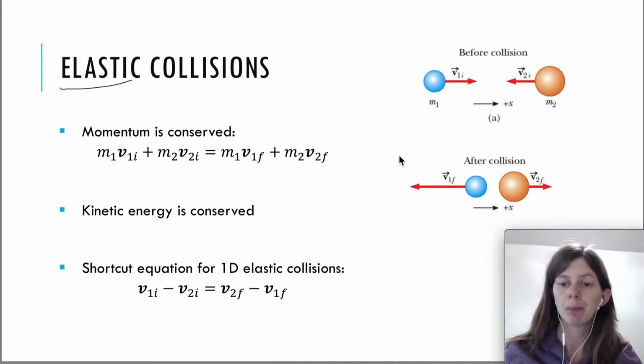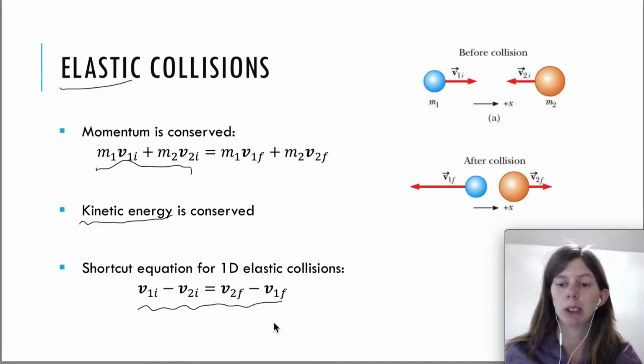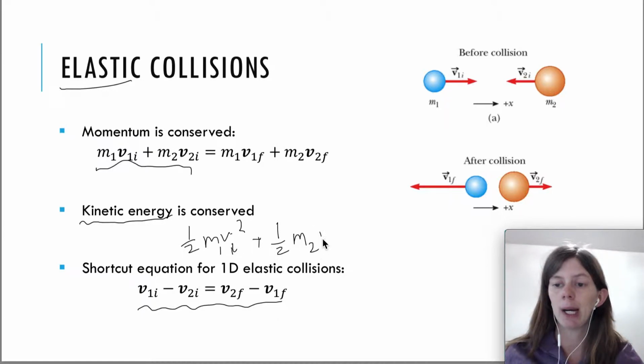So it turns out that if you take the equation for the kinetic energy being conserved and combine it with the conservation of momentum, and you do a whole bunch of algebra, then you end up with what I call the shortcut equation, which is a lot easier to use than the one for kinetic energy. I'll just write it in case you're curious. We're never going to use this one in this class, but I know some of you might be curious.